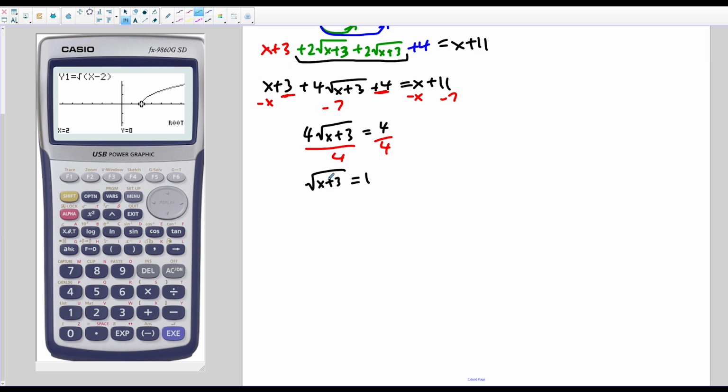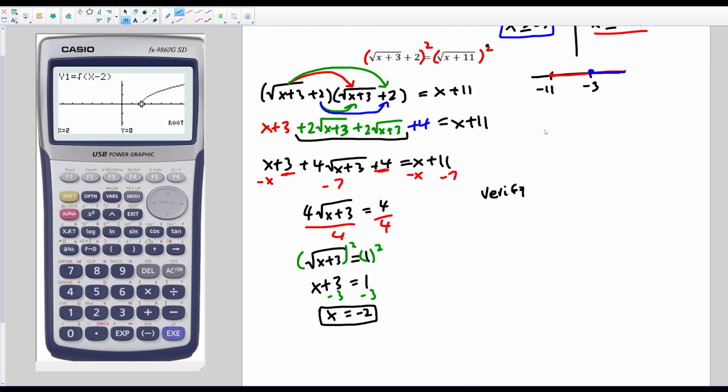We're going to square both sides at this point since our radical is now isolated. And we'll have x plus 3 is equal to 1. We can subtract 3 from both sides, and we get x is equal to negative 2. So that appears to be our solution, but we will always want to make sure we verify by plugging this into our original equation.